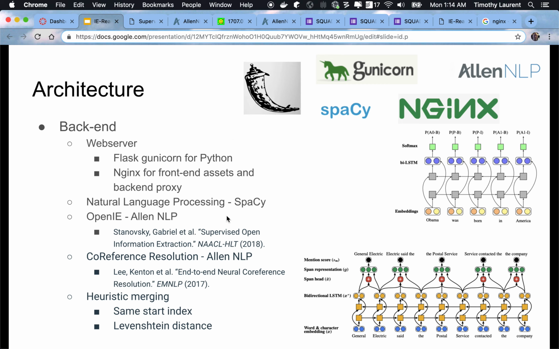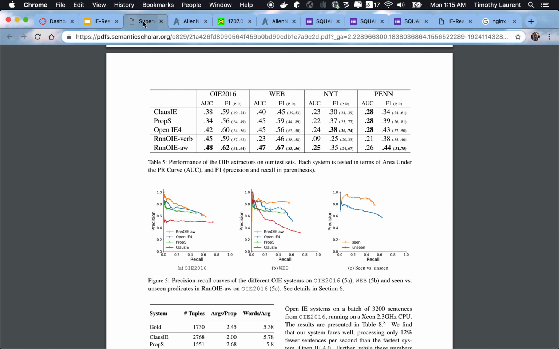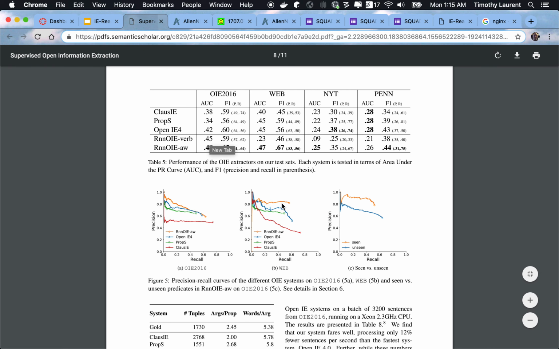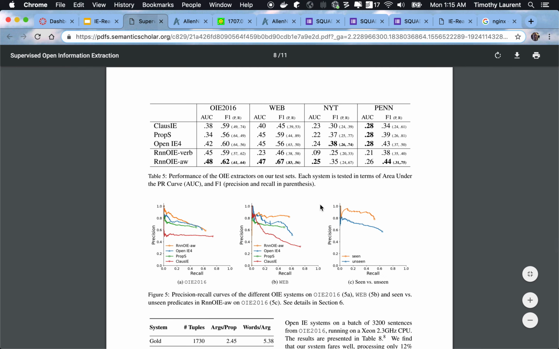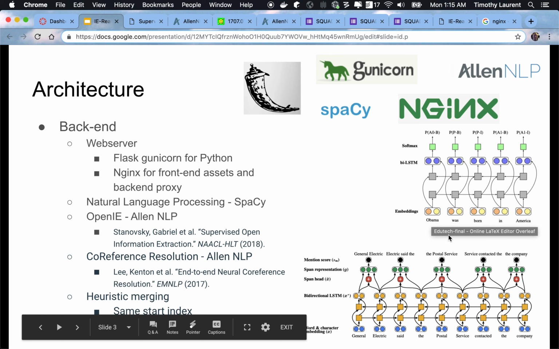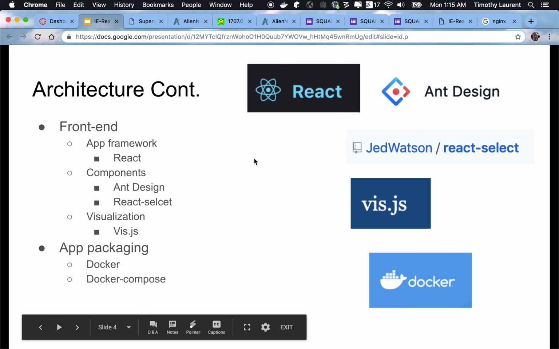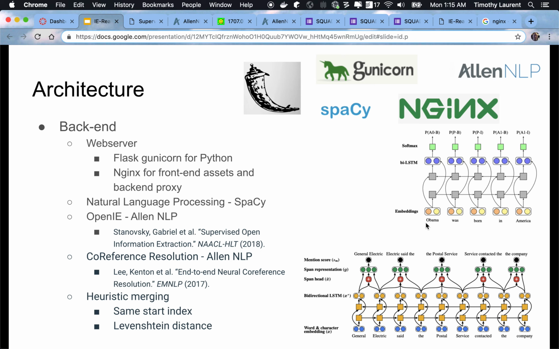One of them is an open information extraction model. This model came out this year or last year in 2018, and it uses a bidirectional LSTM. So you see over here on the right the inputs to the model. It creates an embedding of the part of speech and the word embedding for each word in the sequence.